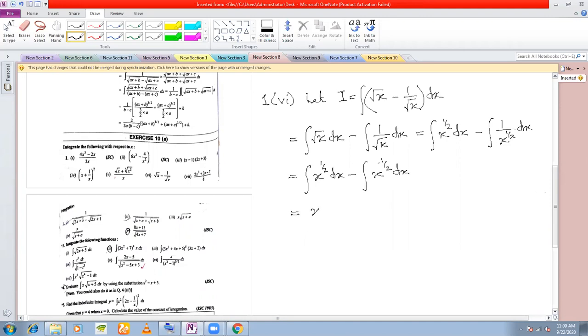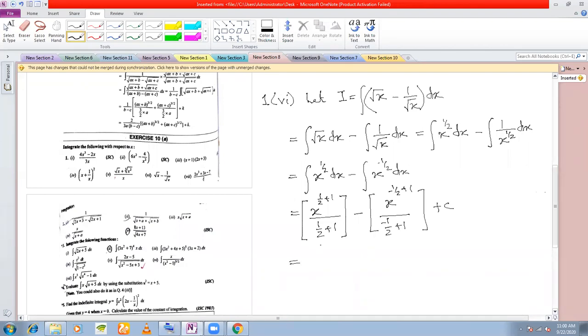So this means x to the power of half plus 1 by half plus 1, and this is x to the power of minus half plus 1 by minus half plus 1, with a constant of integration.